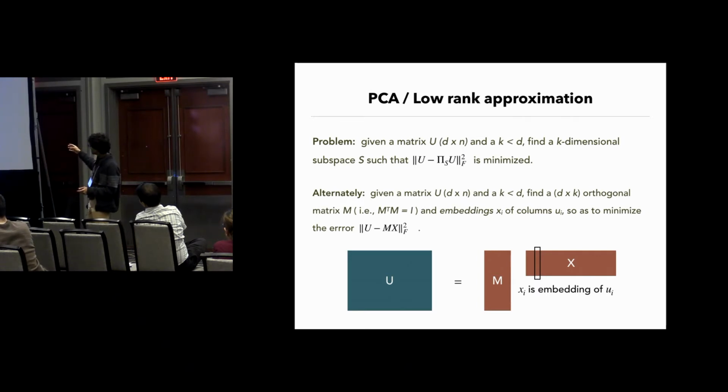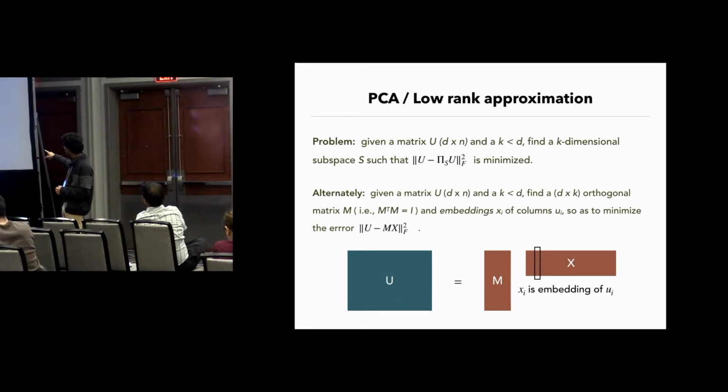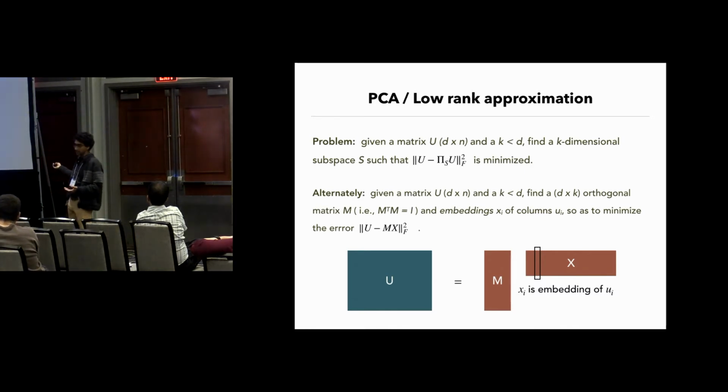And x_i is what I will call the embedding of the vector u_i. So it is basically a set of coefficients that allow you to represent vectors of U in the basis given by M. Okay? So this is one way to define PCA.